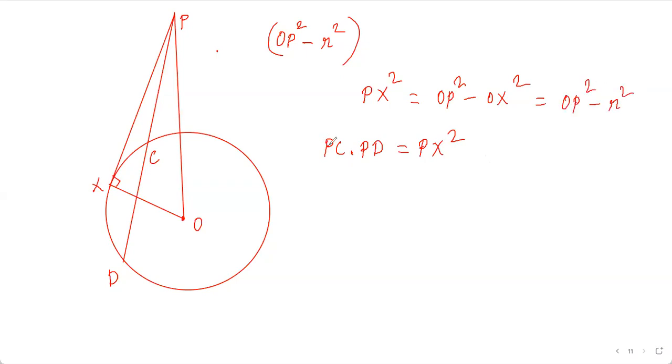So what I see is that PC times PD, or if there is any other secant, that will also work. It's basically the ratio in which that secant is touching the circle. So it's PC times PD. So we can relate the power of a point in this way also.